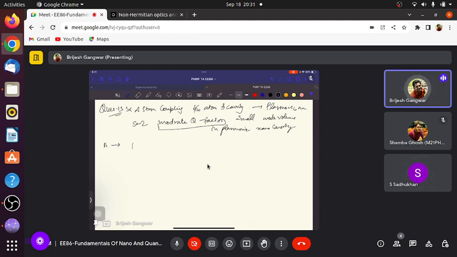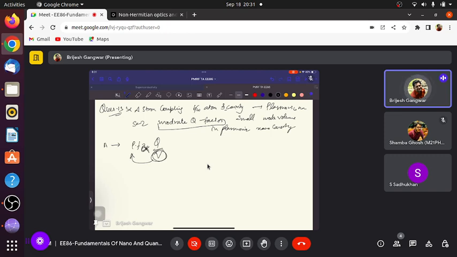So the Purcell factor, if you calculate Q by V, if V is less, then the Purcell factor will be high. So that's why this atom comes into strong coupling with this plasmonic cavity, due to the small plasmonic mode volume.